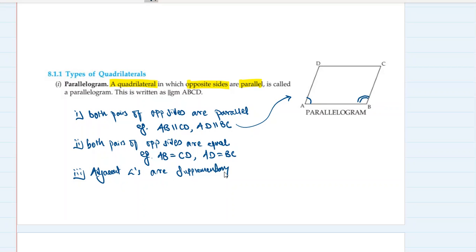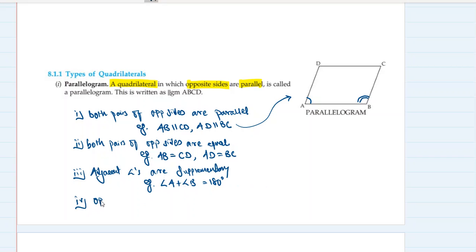What do you mean by supplementary? That is, angle A plus angle B is equal to 180 degrees. Their sum is 180. Similarly, angle A plus angle D is also 180, angle B plus angle C is also 180, and angle D plus angle C is also 180 degrees. All the adjacent angles are supplementary. You can write all the examples.